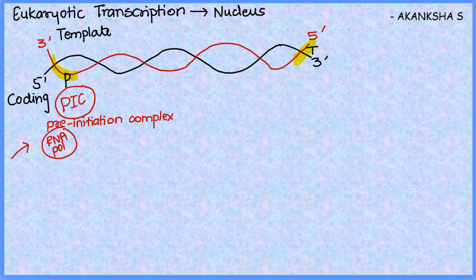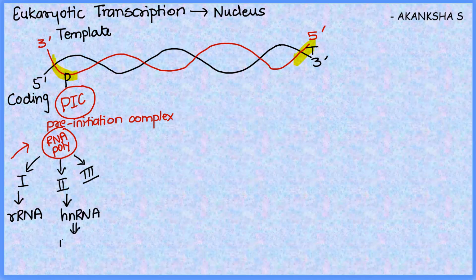Now things start over here. RNA polymerases in eukaryotes are of three types. There are three RNA polymerases: RNA polymerase 1, 2, and 3. RNA polymerase 1 generally codes for rRNA or ribosomal RNA. RNA polymerase 2 codes generally for heterogeneous RNA, which will be further matured into your mRNA.